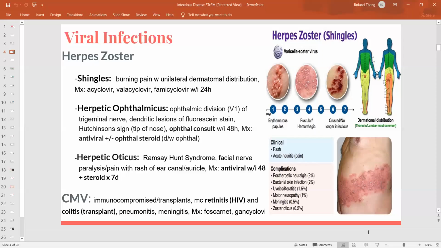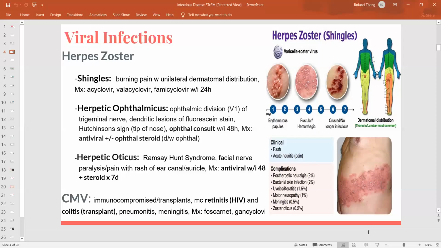Herpes zoster ophthalmicus is an infection by the herpes zoster of the trigeminal nerve, and characteristically you see a dendritic lesion with fluorescein stain when you see it under the blue light. And sometimes, not very often, it's actually a rare sign.